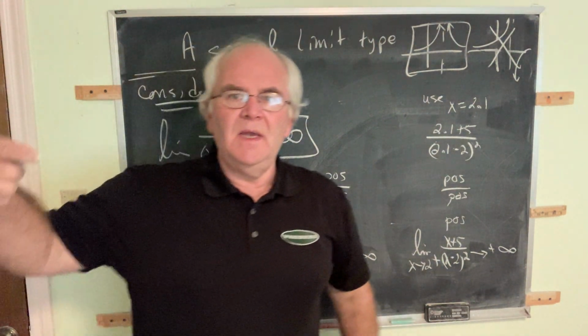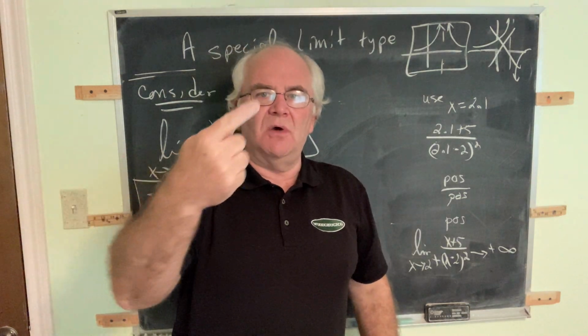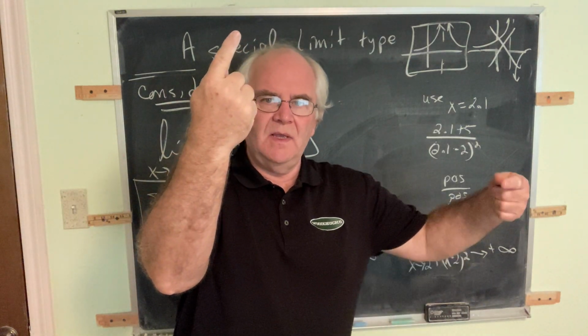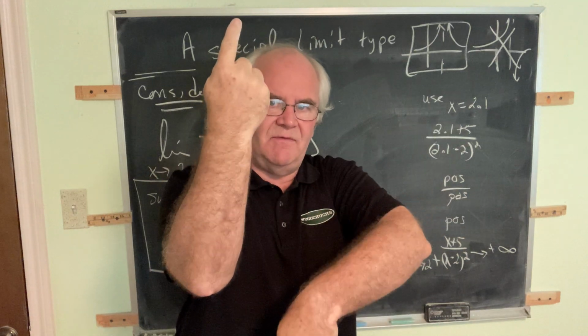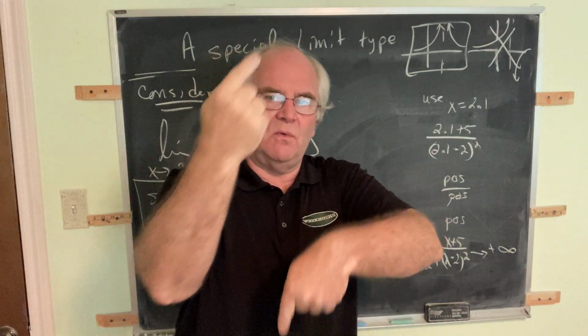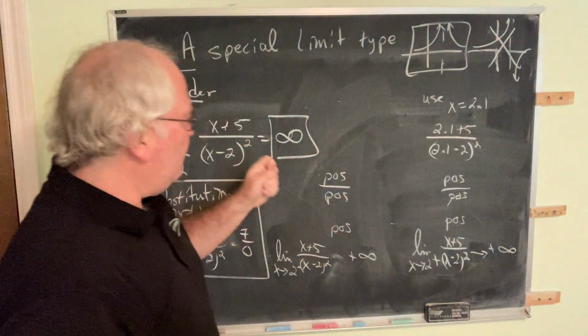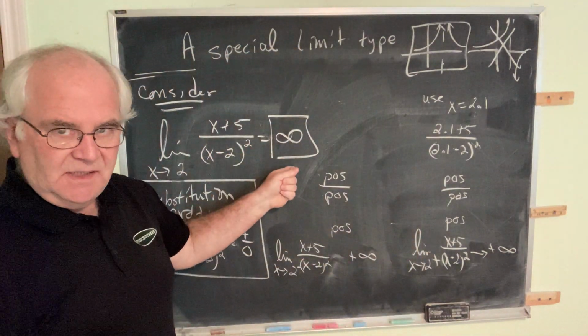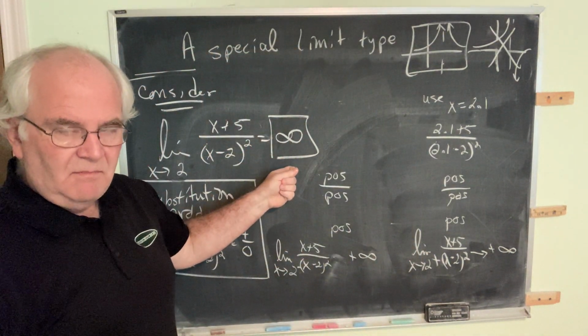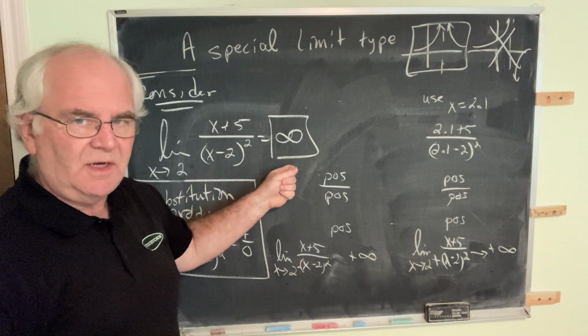However, if the left-hand approach goes to positive infinity, and the right-hand approach goes to negative infinity, then the left and the right approaches do not agree, and we would say this limit does not exist because the left and right-hand limits do not agree.